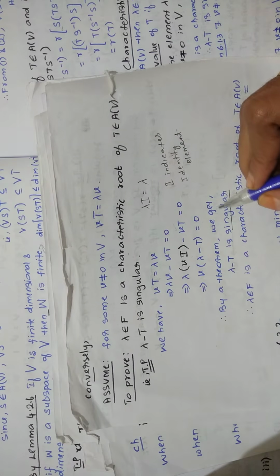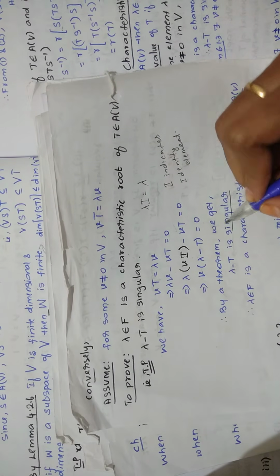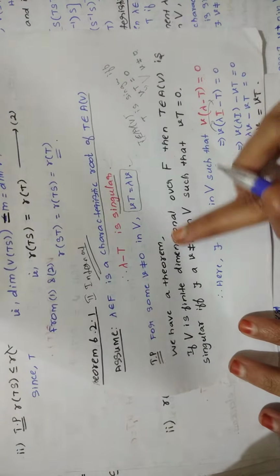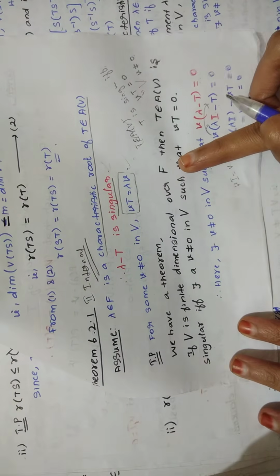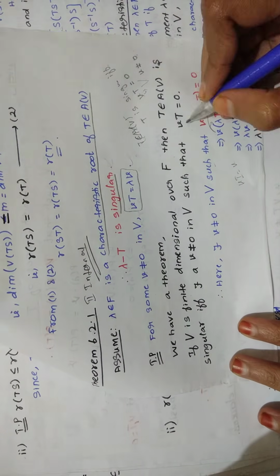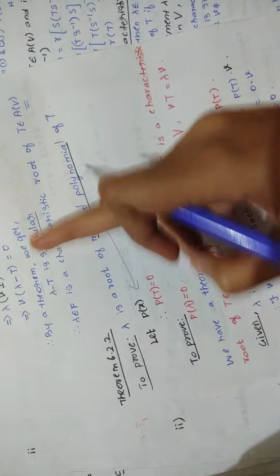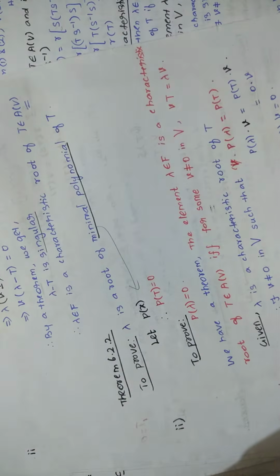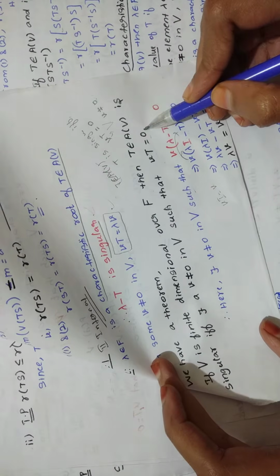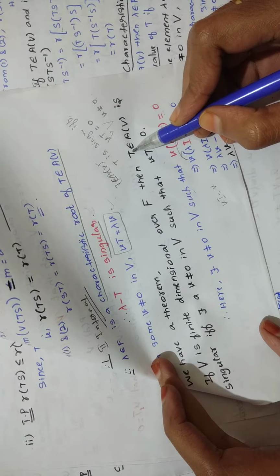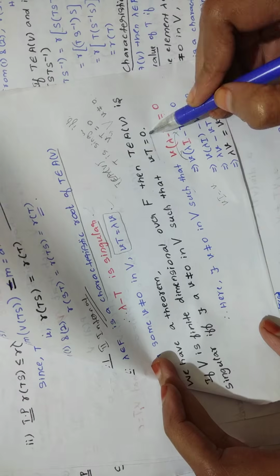By the theorem we get, so from this you can say, what theorem? The same theorem we have used here also. Here you got this part. From this you can say lambda minus T is singular. Here, T is singular means Vt equal to 0.